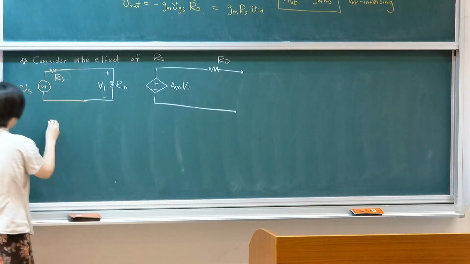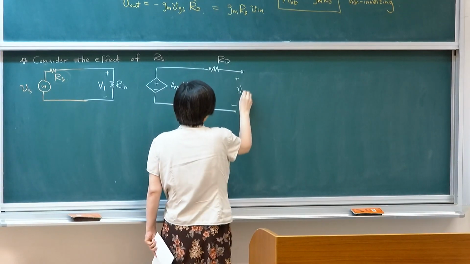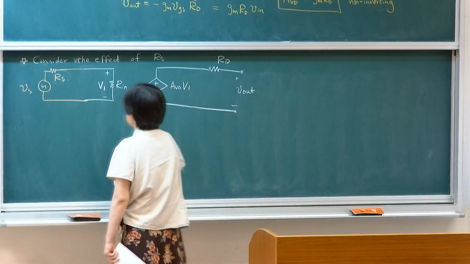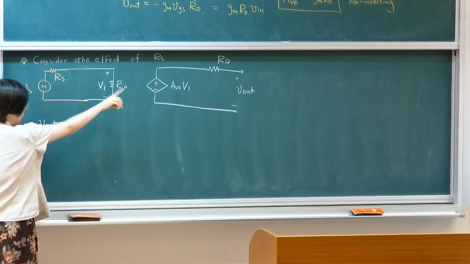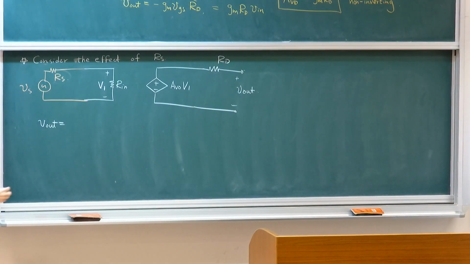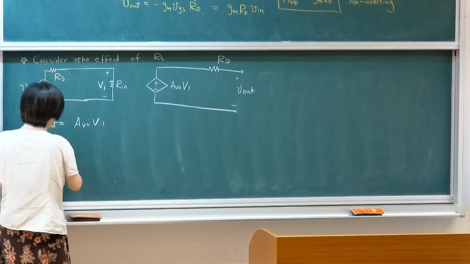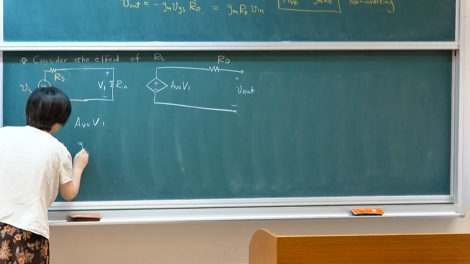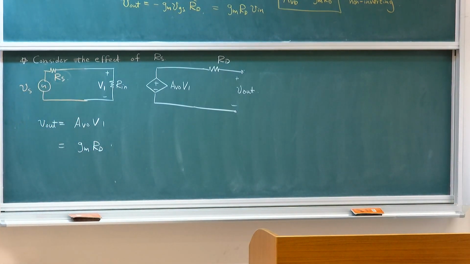If this is the case, then your output, we're still looking at open circuit output, but we'll not consider the loading effect yet. So the output voltage will be AVO V1. We know that AVO is GMRD. So what is V1?